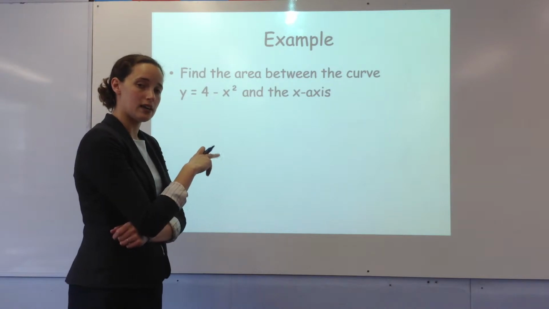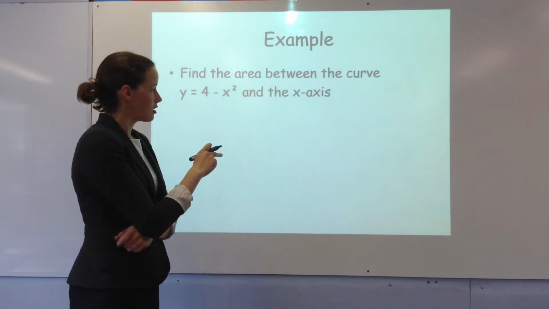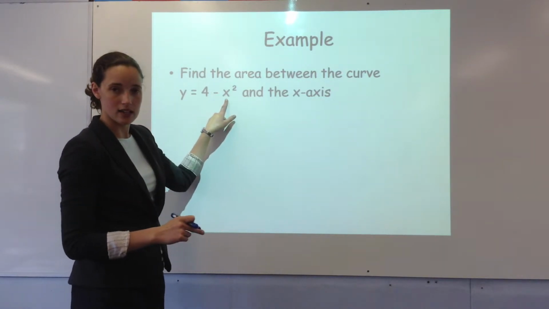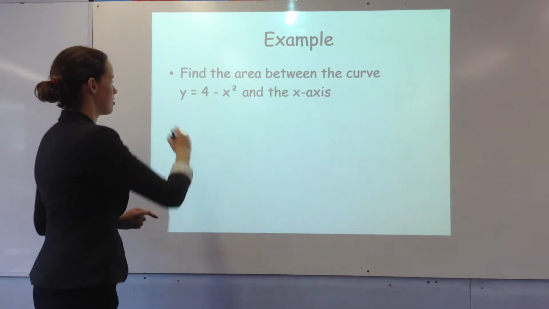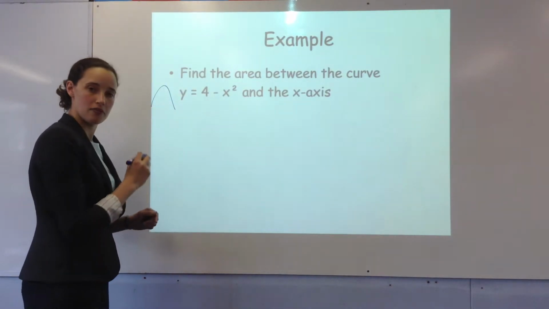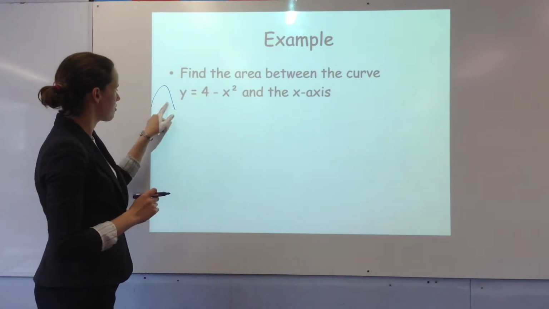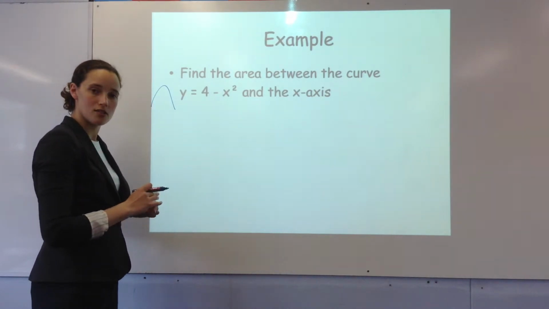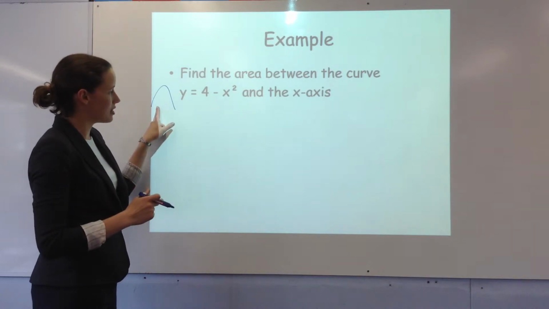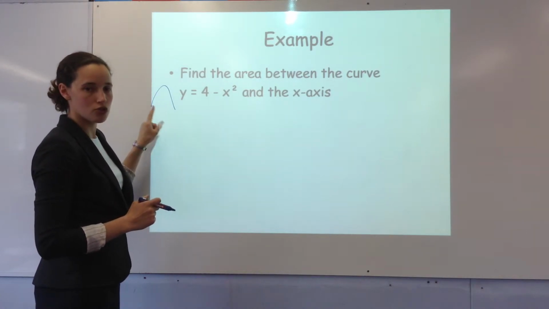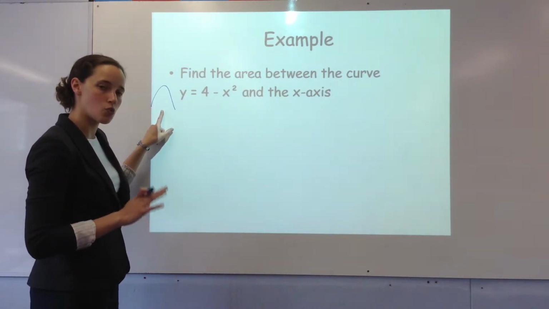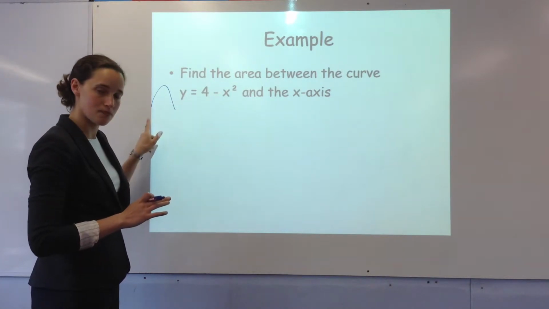What we need to do here is find it. You can recognise here that we've got a graph shaped like an unhappy face. What we would expect to happen is for some of that graph to be above the x-axis so that we can find the area between this and the x-axis. I will draw a sketch in a moment once we've worked out where this graph exists.